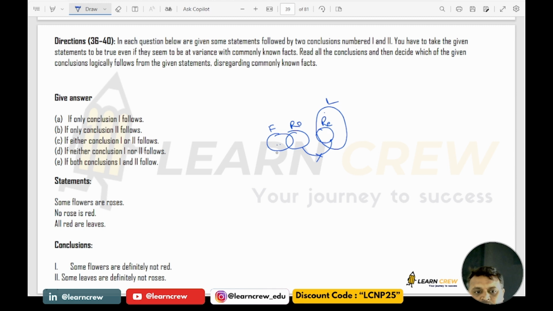Some flowers are not red is definitely correct. Some leaves are definitely not roses. Even if you keep this leaf entire, this is correct. So both 1 and 2 are correct. So answer is option E.